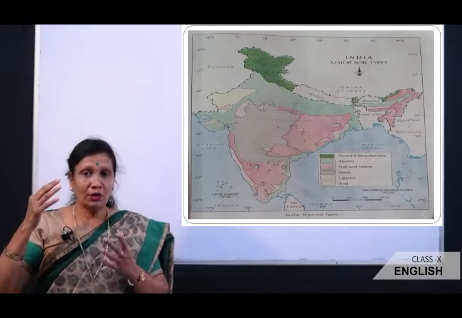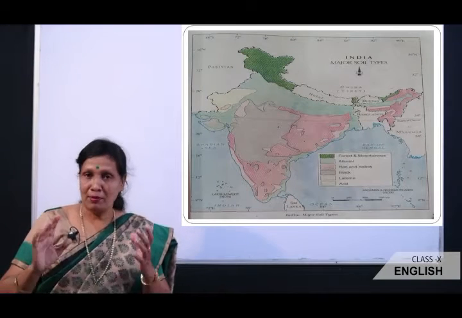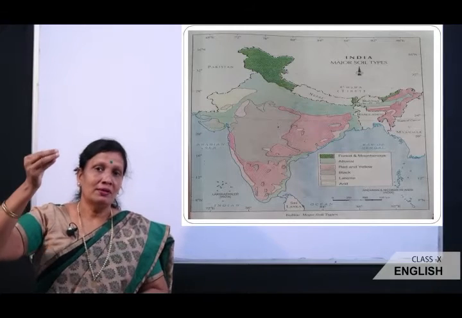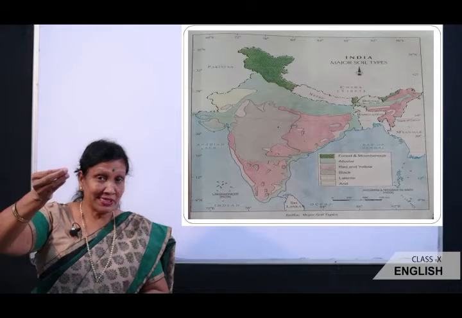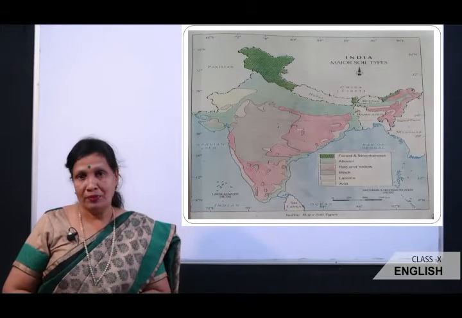You need to know how to locate the different states on the map. That is very important for you, because the map visual stimulus is what you are going to get for your analytical paragraph.